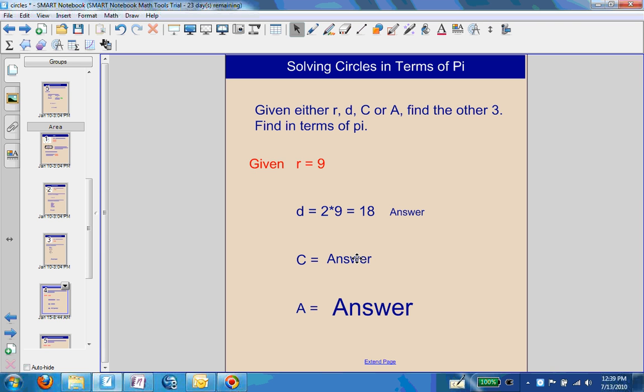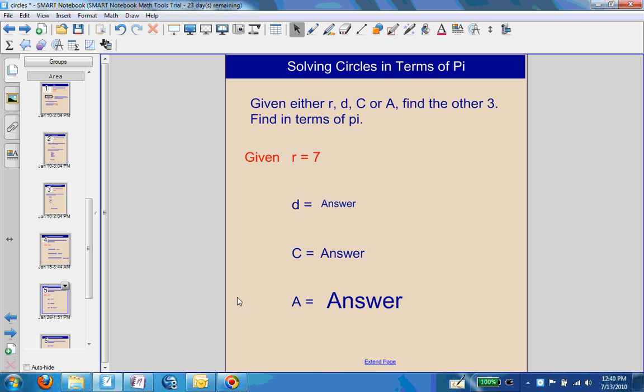So if we leave that in terms of pi, we can just write 18 pi. And we know that area is pi r squared. So if we square the radius, that's 9 times 9, or 81, times pi. 9 squared is 81. And we always write the number first and the pi second. So we're just going to change the order there and write it 81 pi.